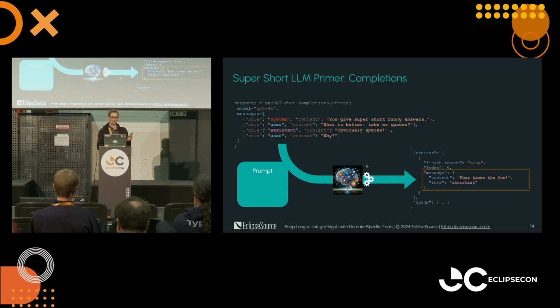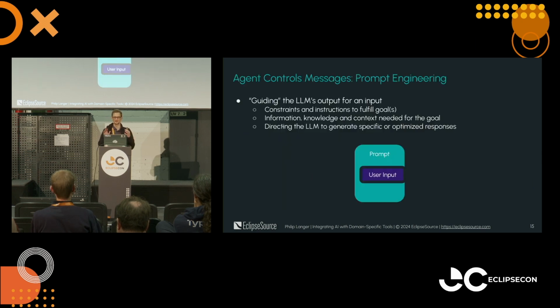What's important is that you, as a tool integration or as an agent, are completely responsible and in control of that. And that's really the important thing, because it enables the agent to control a lot of the prompt engineering around that. So it cannot just forward what the user entered into the chat, but it can put all the things that it thinks will be needed to guide the LLM to a specific answer around the user input.